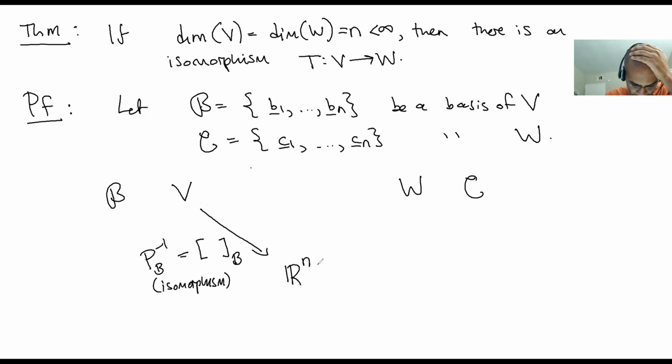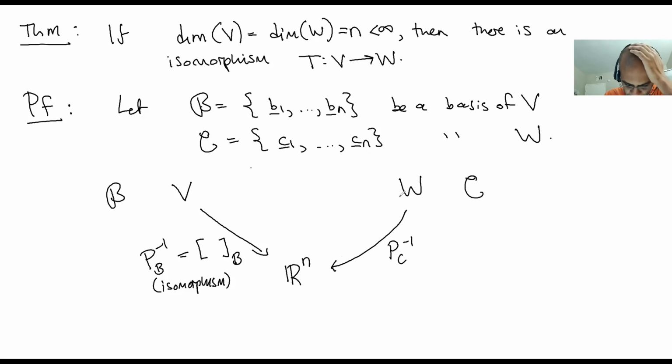Now, what about this other vector space W? Anybody see an isomorphism between Rn and W? PC inverse. Okay, yeah, so you could do PC inverse if you wanted to do the same thing.